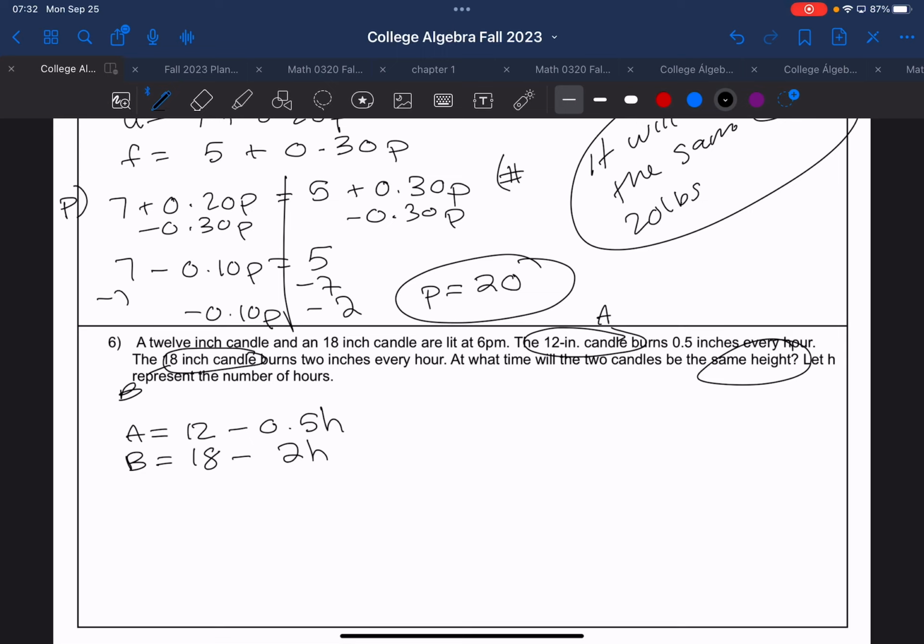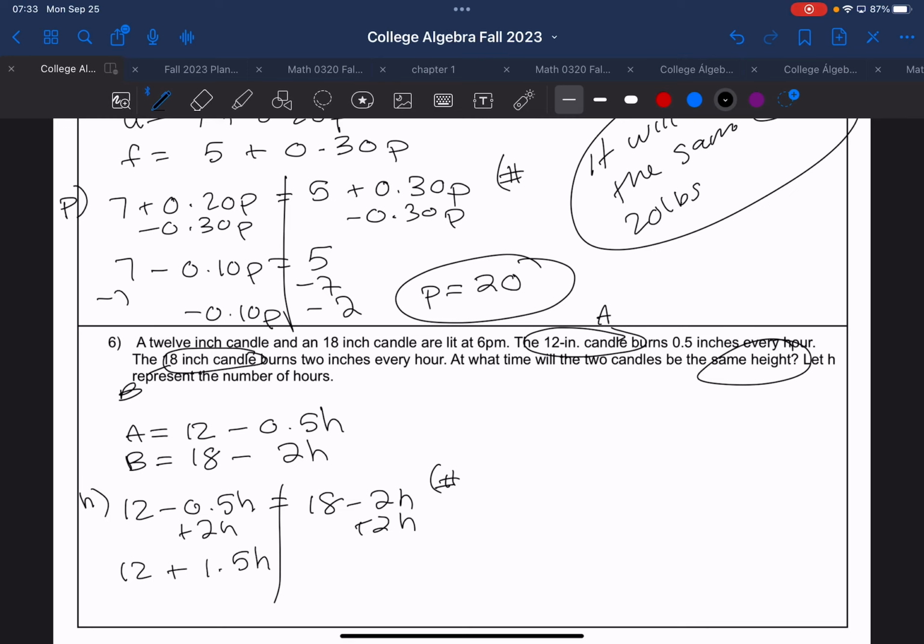Okay. And it wants us to find the same heights. So what are we doing to the two equations? Setting them equal. So 12 minus 0.5h is equal to 18 minus 2h. Okay, just setting up my problem. I'm going to move my h's over to the left. So when I add 2h, I get 12 plus 1.5h, right?